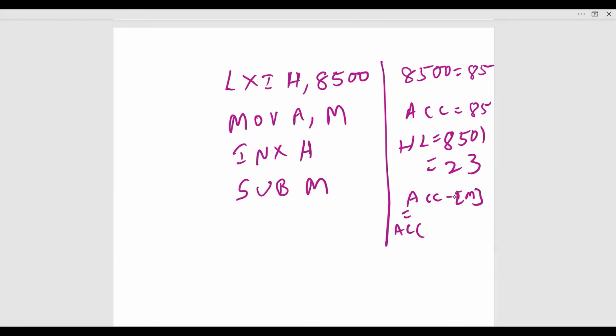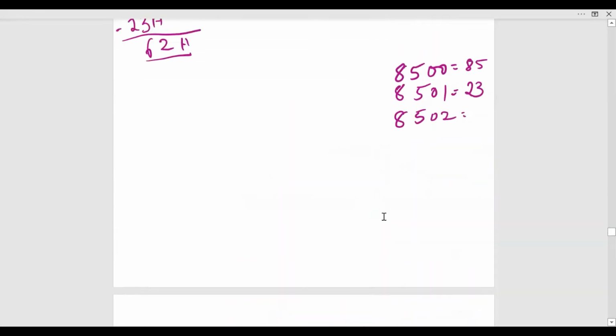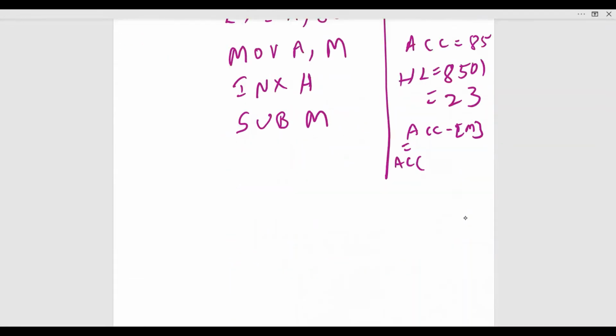The accumulator here contains 85, and memory 8501, where it is pointing, is 23. So it performs 85 minus 23, and we have seen that 62 is the answer and will be stored in the accumulator.